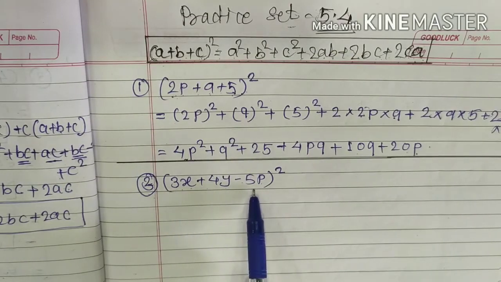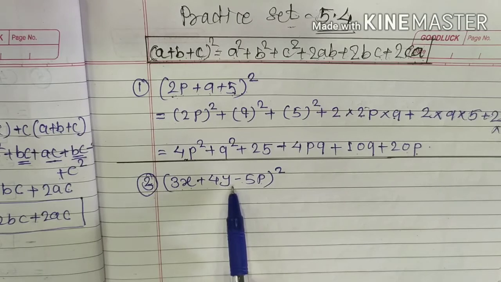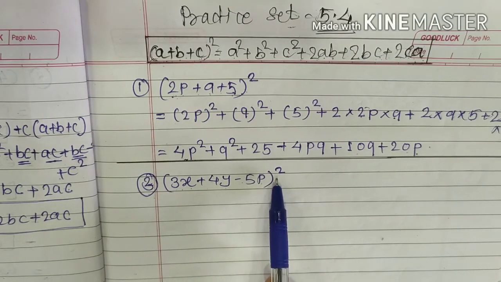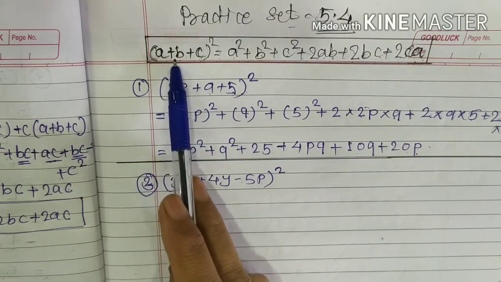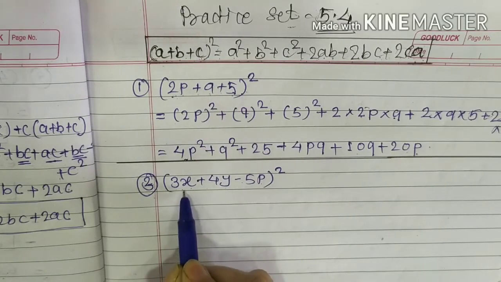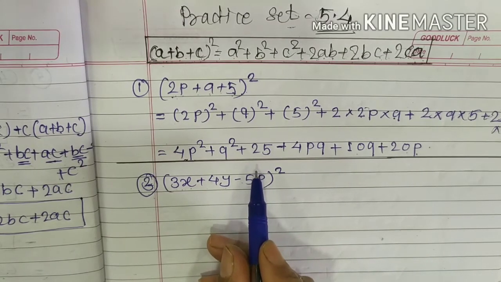Example number 3: (3x + 4y − 5p) whole square. Again we use the formula (a + b + c) whole square. This is a, this is b and this is c. So by using this formula, how do we expand this?